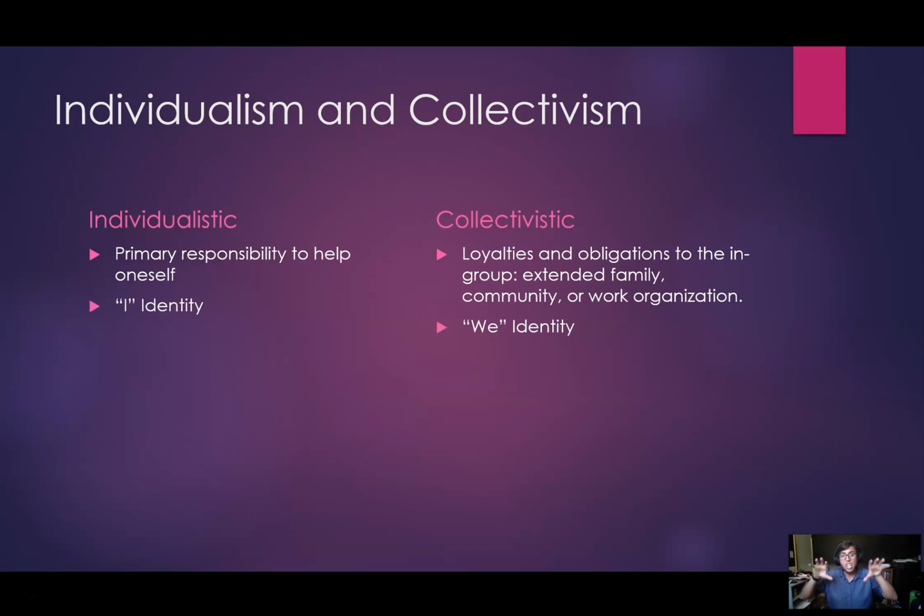This expands to things like family, where the individualistic culture sees family as the nuclear family, that is, mother, father, children, that's it. Whereas a collectivistic culture would see family as the extended family, not just the nuclear, but also grandparents and uncles and aunts and all those things.